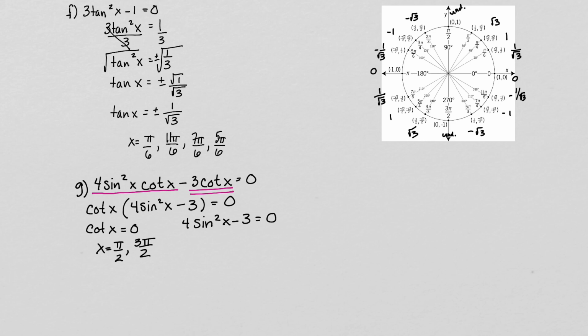And then solving 4 sine squared x minus 3 equals 0. That's very similar to what we just did in part F. So I'm going to move the 3 over. So 4 sine squared x is going to be equal to 3. I'm going to divide both sides by 4. And I'm going to rewrite it up here just so I don't get too low for people. So this is going to be sine squared x equals 3 over 4.